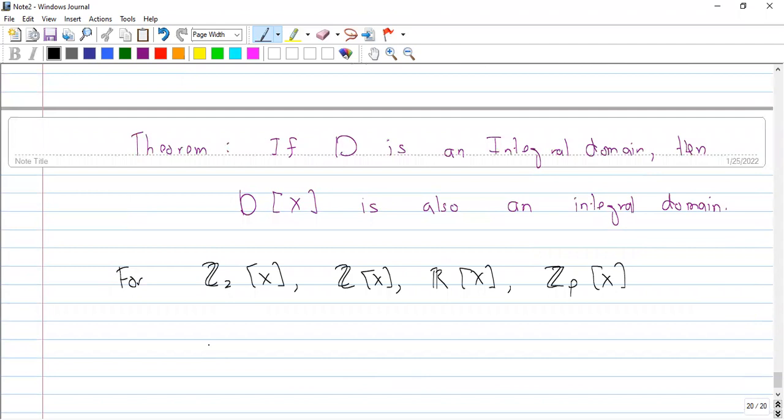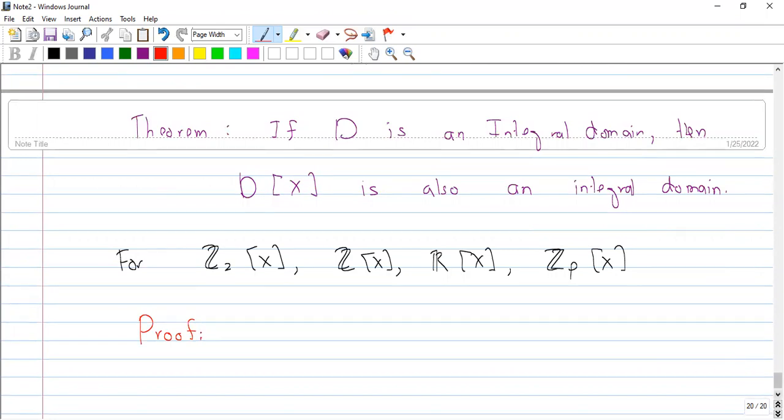Okay, now if you want to prove this theorem, so it's also interesting रहता है इसका proof. So first try to see that D is a commutative ring. ये तो शायद मैंने आपको बताया था कि हम polynomial ring हमेशा commutative ring के ऊपर बनाते हैं, and polynomial ring is also a commutative ring.